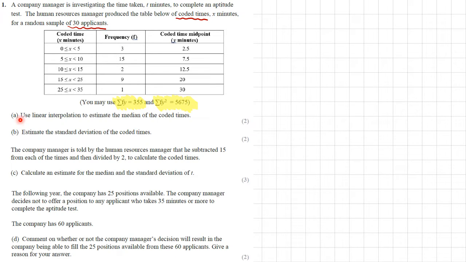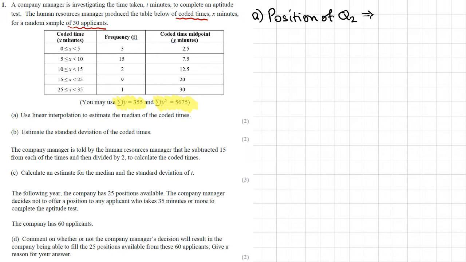And what we need to do in part A is to use linear interpolation to estimate the median of the coded time. We have to estimate the median because this is grouped. So it's never going to be exactly what the median is because we don't have the original data. It's all been grouped. So the first thing that I need to do is to find the position of the median. So the median is known as Q2, quartile 2.